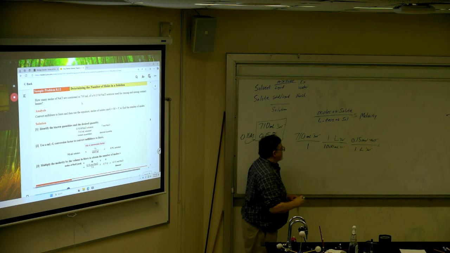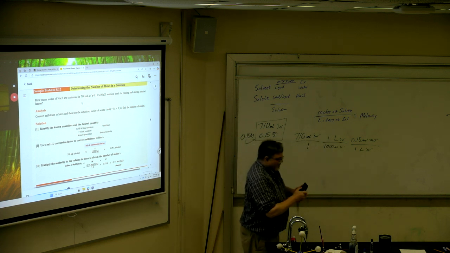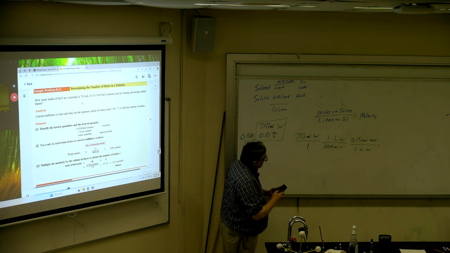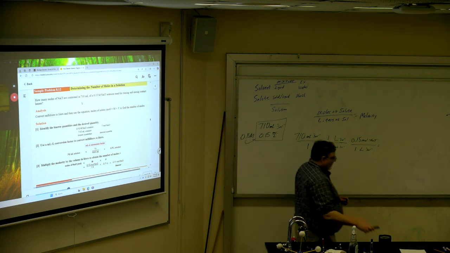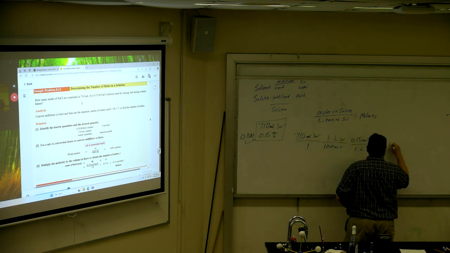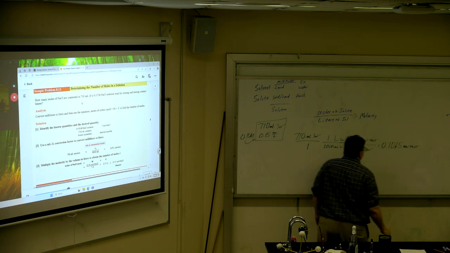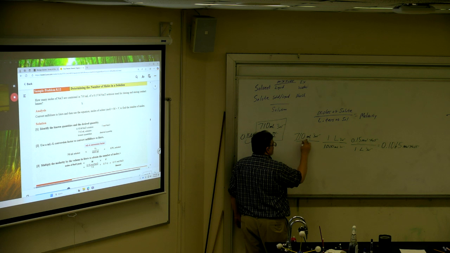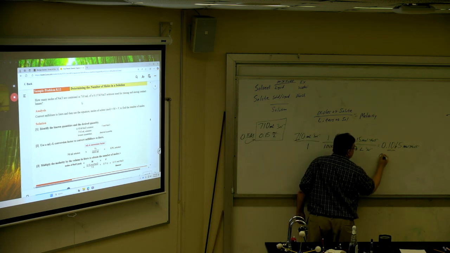That'll tell you how many moles. That's what my calculator says. Moles of NaCl. 2 significant figures, yes, that's 2 significant figures. So I'm keeping that 0.11.